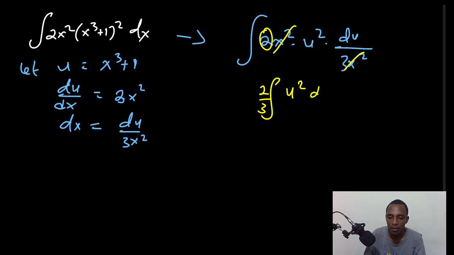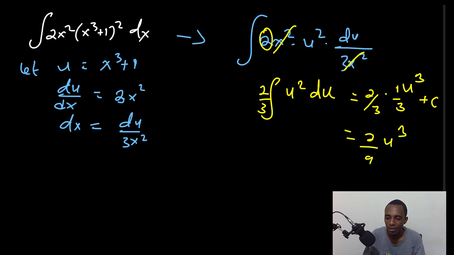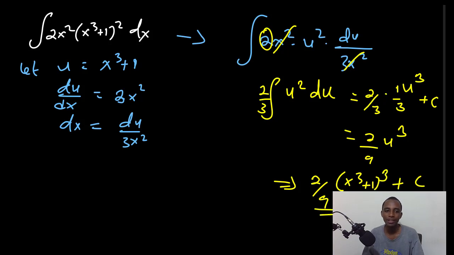Then I have u squared du, which is basically u cubed divided by 3 plus a constant. Don't forget that. So here I have 2/9 u cubed. I just substitute back for u, so that's 2/9 times x cubed plus 1, cubed, plus a constant of integration.